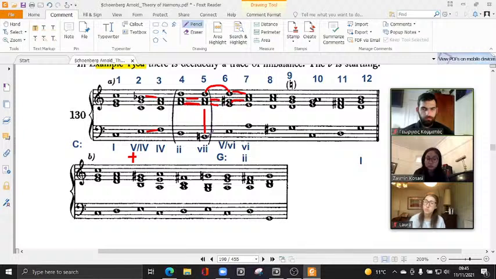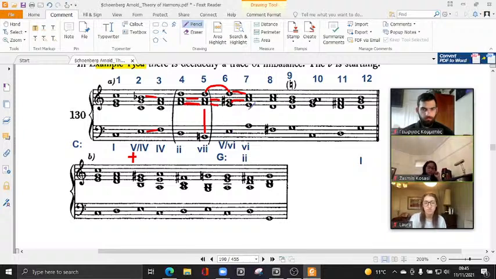So when you have an interval that is dissonant, yes, let me see if Laura can add something to it. Can you explain, Laura, what's the deal with this interval?